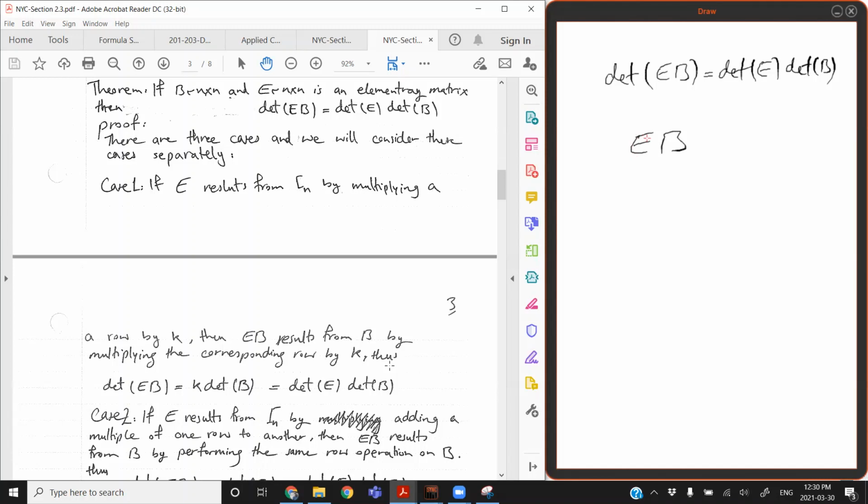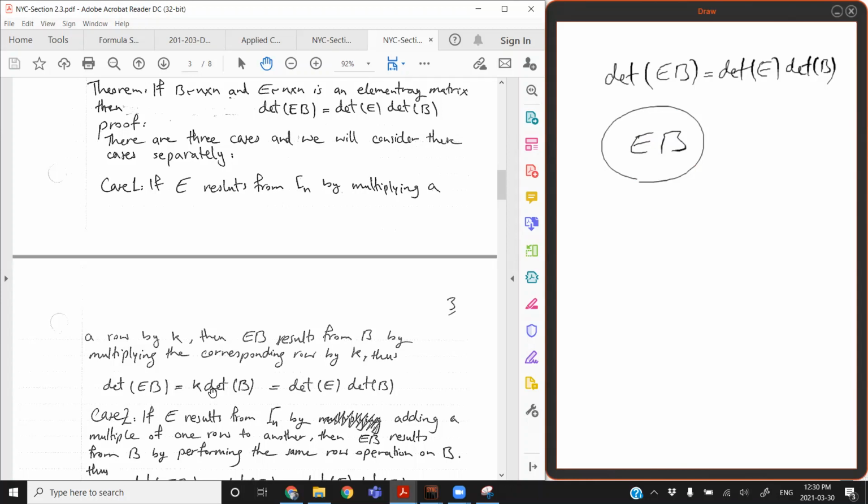So for example, if E results from I by, let's say, multiplying the first row by K, and you're doing EB, the new matrix EB is going to be obtained from B by multiplying the first row of B by K, right?